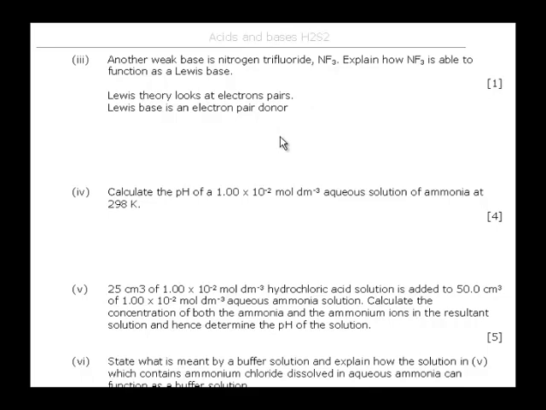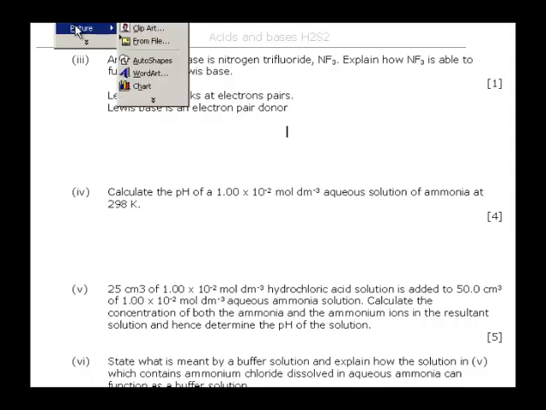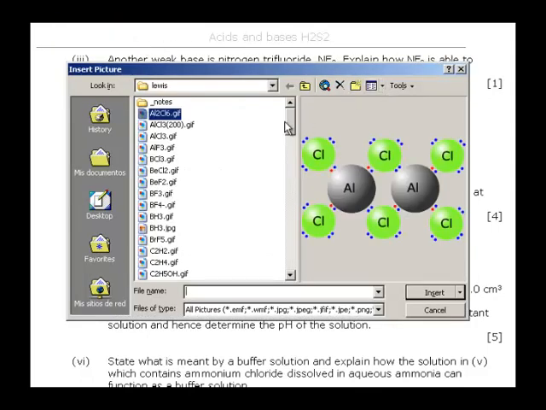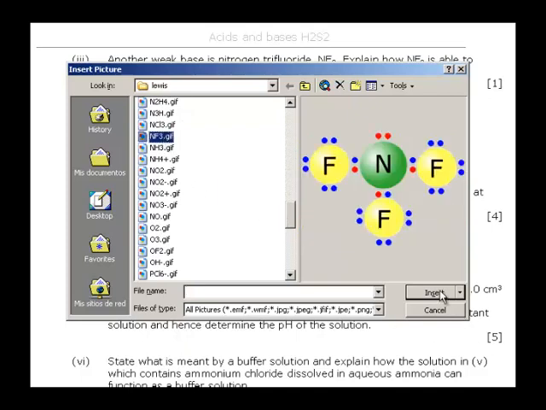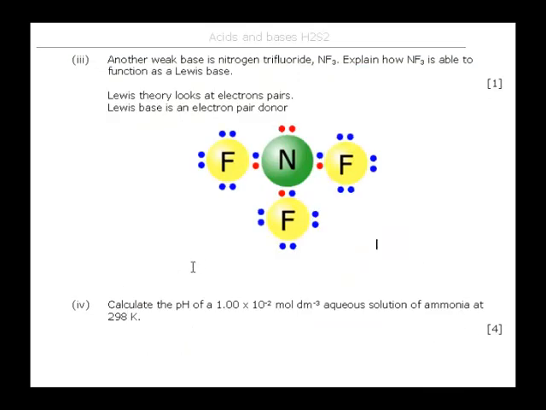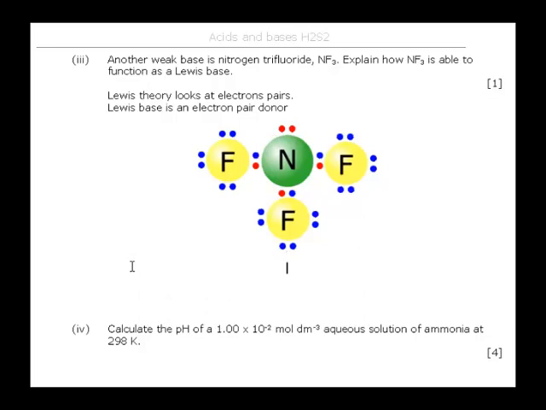Okay, let's call up the molecule nitrogen trifluoride from the file, and we'll see the nitrogen trifluoride has a lone pair of electrons. It's this lone pair of electrons that allows it to act as a Lewis base.